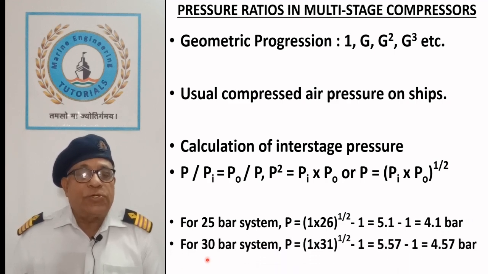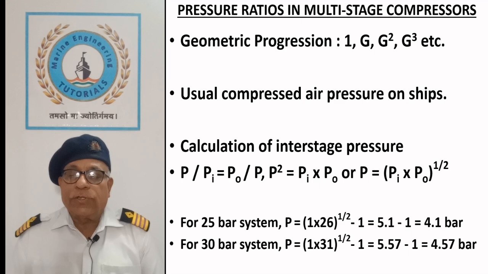Similarly, for 30 bar system, we can find the interstage pressure by multiplying 1 into 31 and taking the root and subtracting 1, and we get the answer 5.57 minus 1 is equal to 4.57 bar as gauge pressure for the interstage.